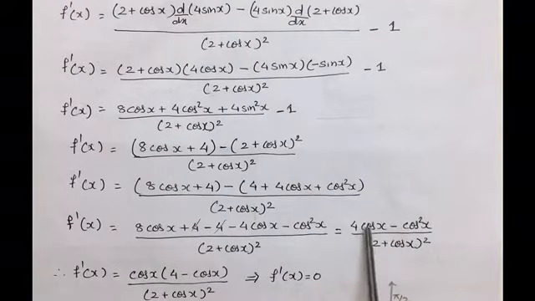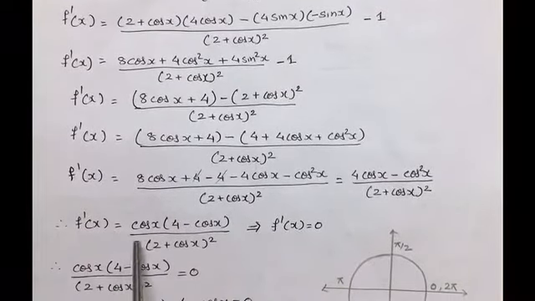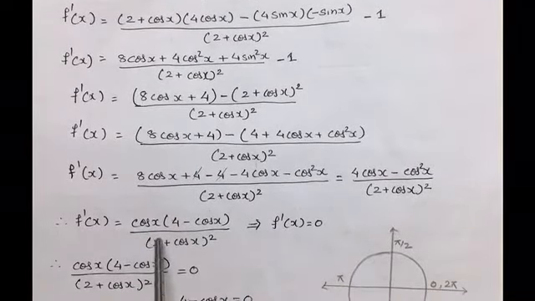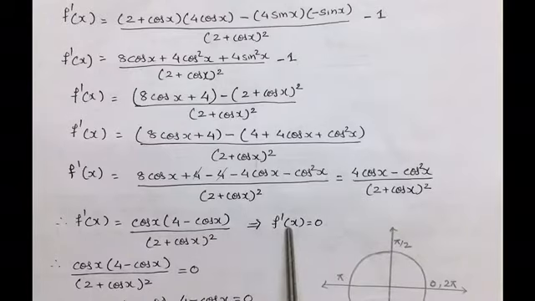Taking out cos x common, we get f'(x) is equal to cos x (4 - cos x) divided by (2 + cos x) whole square. To calculate the value of x here, we have to equate it to 0.